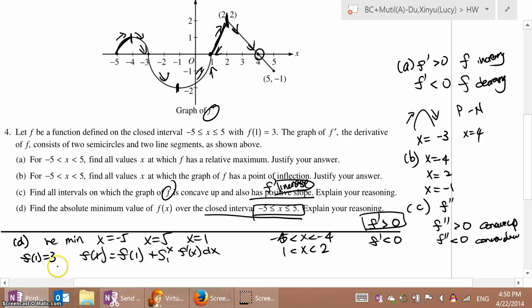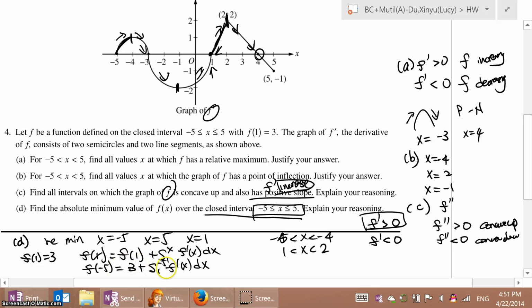For x equals -5, f(-5) is f(1), 3, plus the integral from 1 to -5 of f prime x dx.